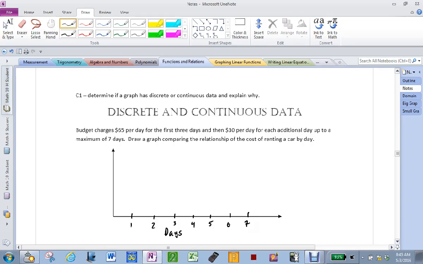Okay. What goes up the side? Money. Cost. How much does it cost me to rent the car for up to 1 day? $65. Is it going to cost me anything if I walk in the door but do not rent the car? No. So at 65 and 0, what kind of dot must I have?